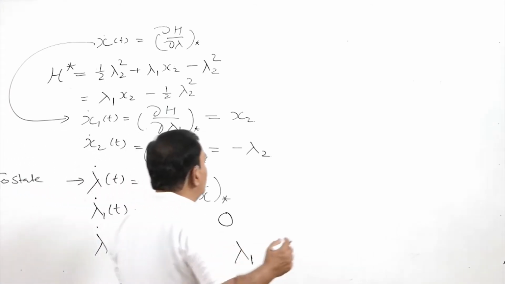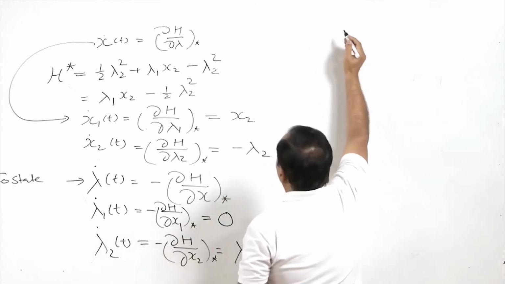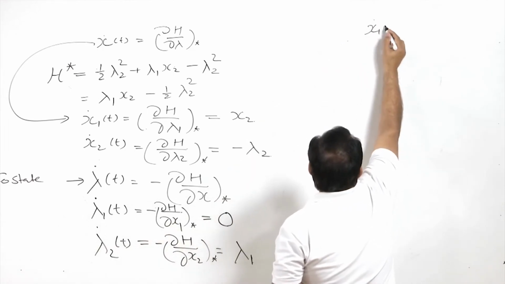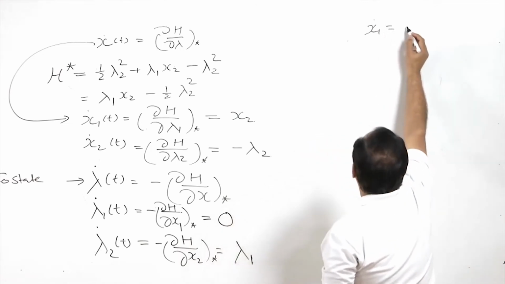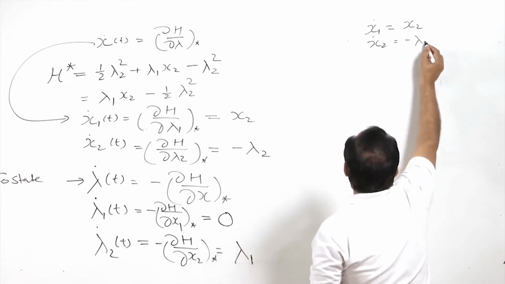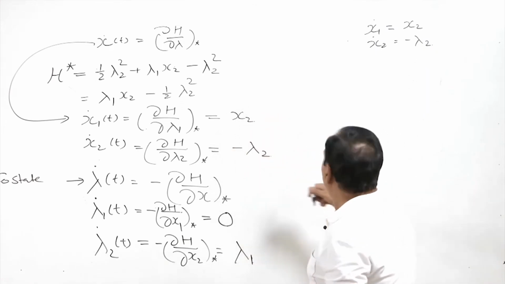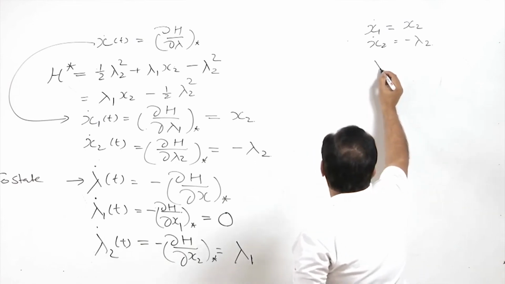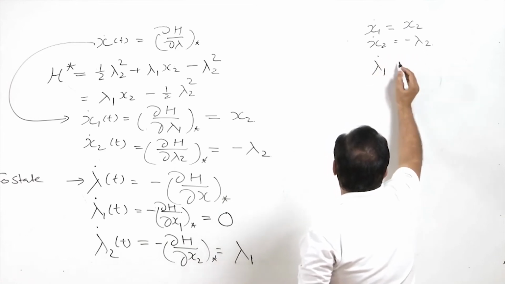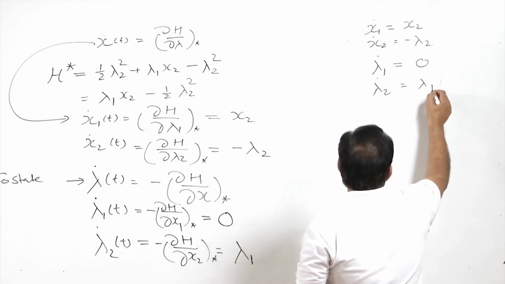So from the state and the co-state equations, we have the state equations x1 dot as x2 and x2 dot as minus lambda 2, and the co-state equations lambda 1 dot equal to 0 and lambda 2 dot equal to lambda 1.